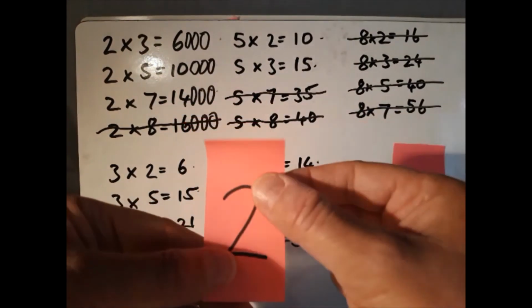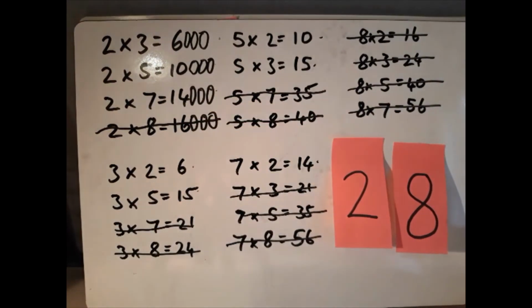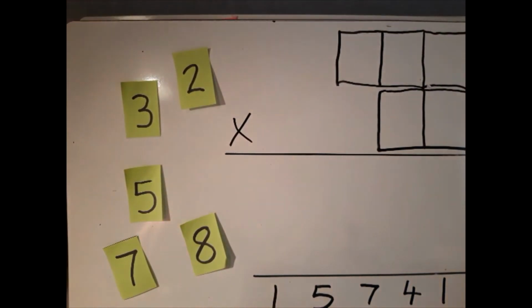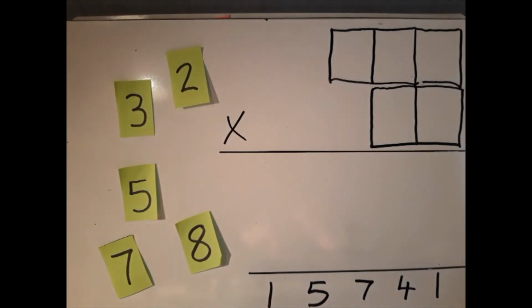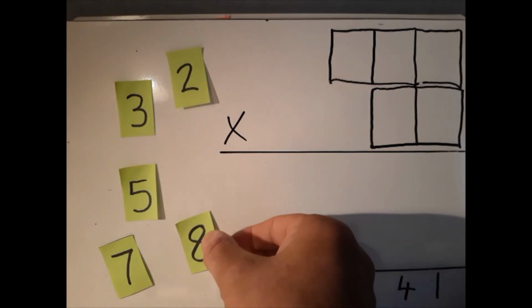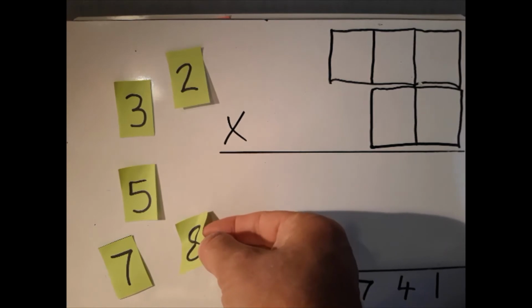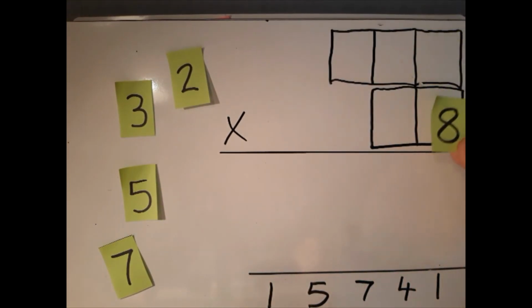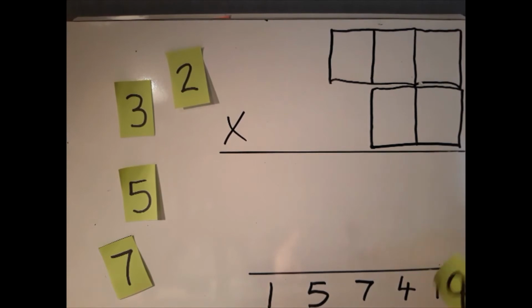Where could we put it? Let's have a look. So, where's that 8 gone? Here it is. Where can it go? It can't go into the ones column because that will give us an even answer, and we want an odd answer.